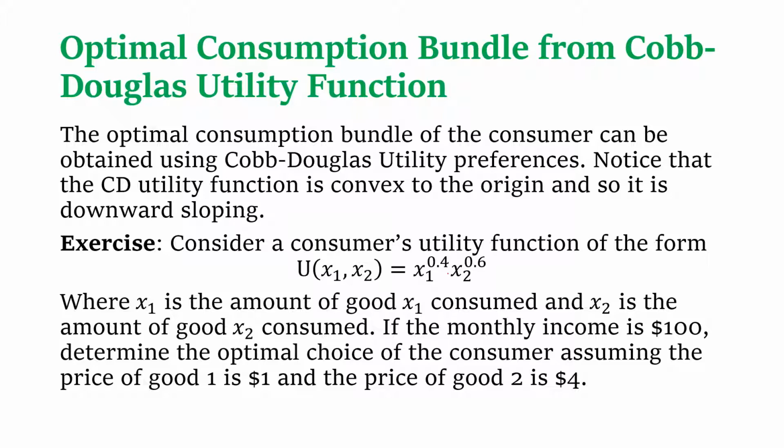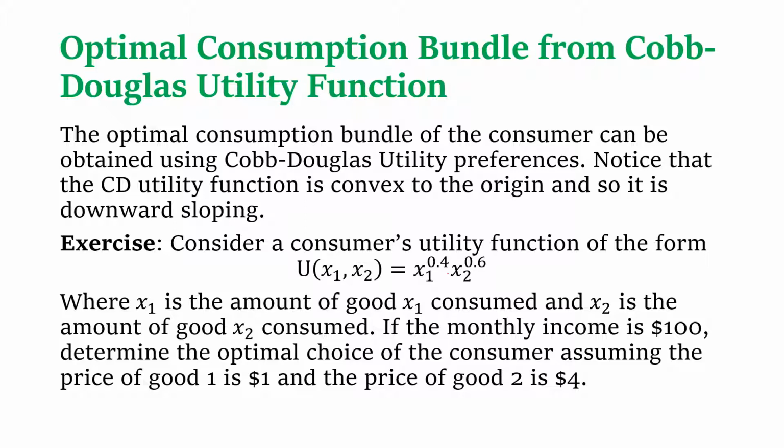If you are differentiating with respect to x2, you take the exponent of x2 and multiply by the entire utility equation. So it becomes 0.6 x1 to the 0.4. This time, this power remains unchanged, and then x2 to the 0.6 minus 1. So 0.6 minus 1 becomes negative 0.4.